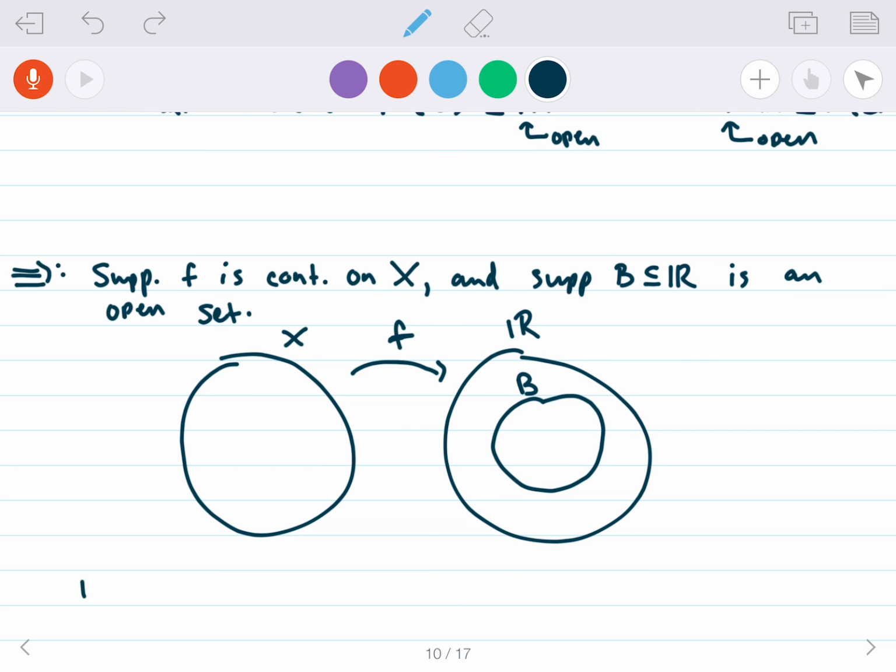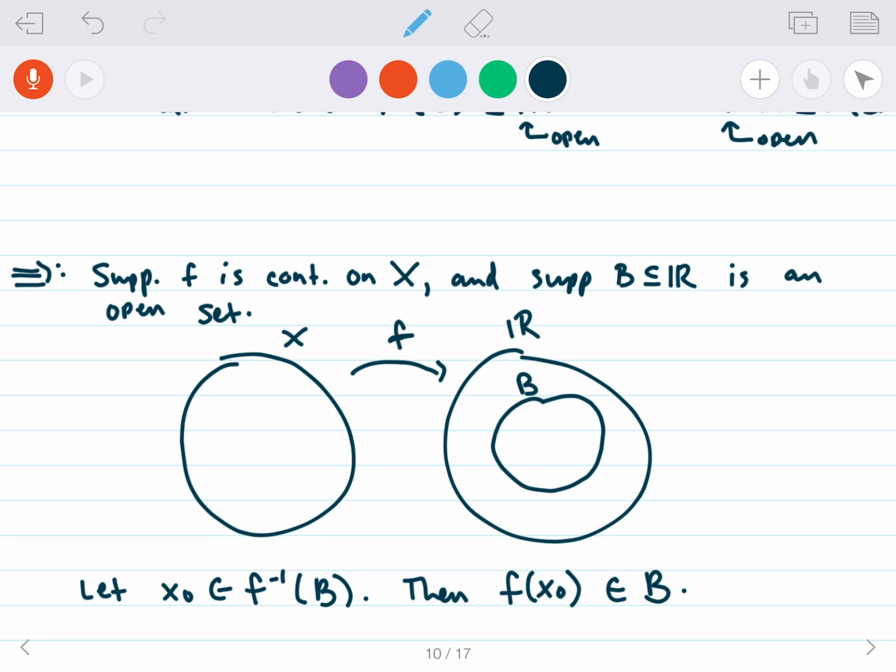So let x naught be in the pre-image of B. What does it mean to be in the pre-image of B? Well, it means that f of x naught lands in B.